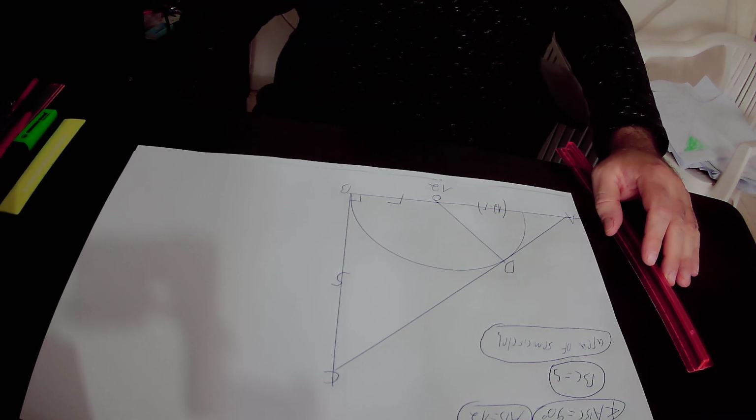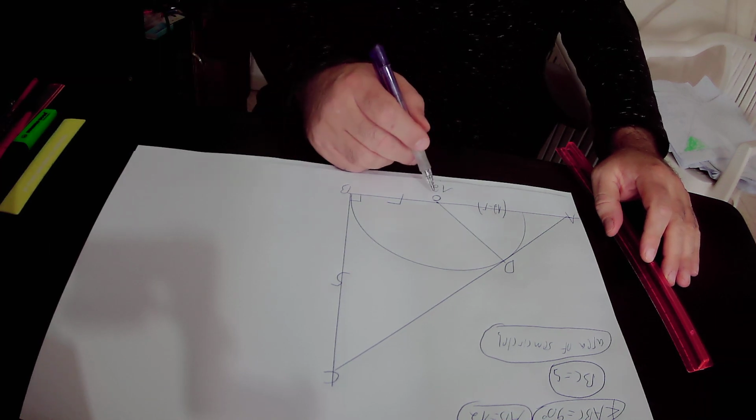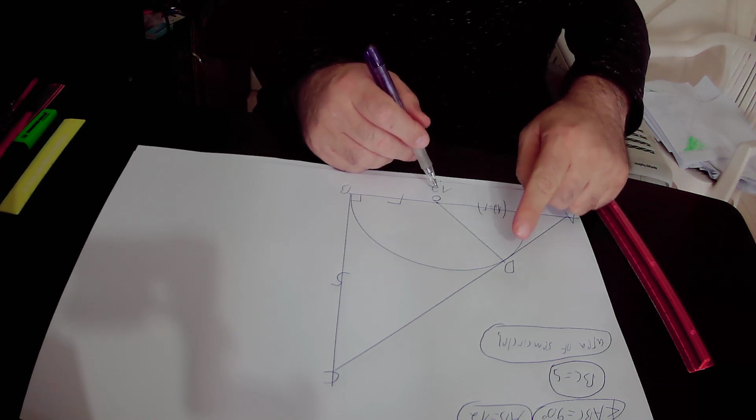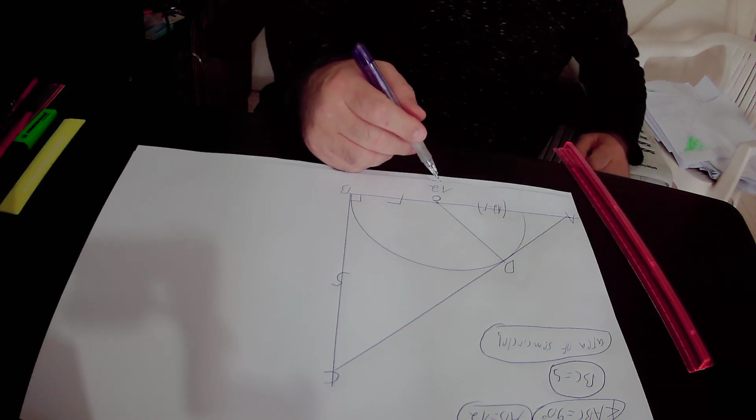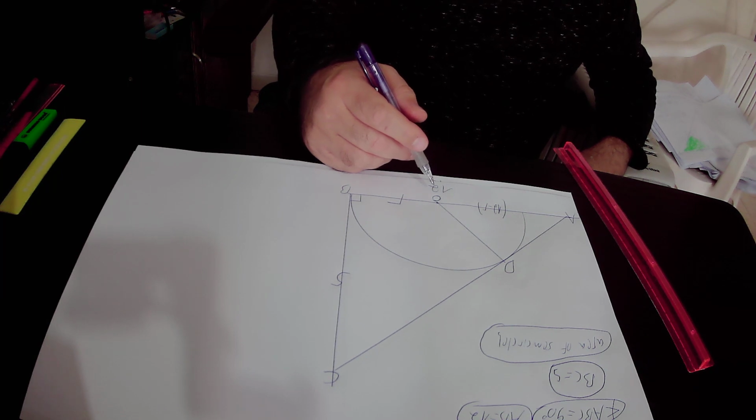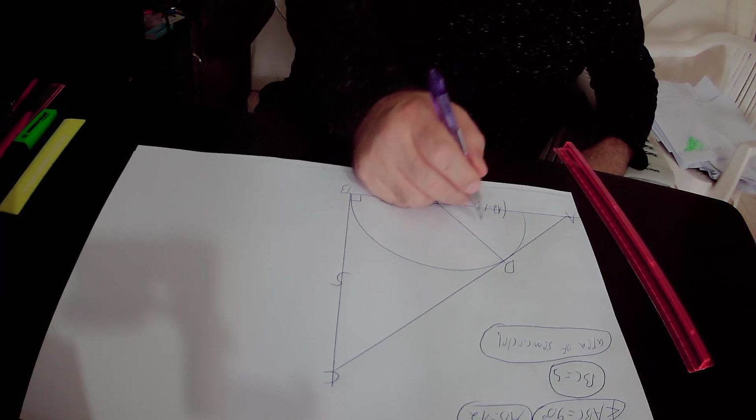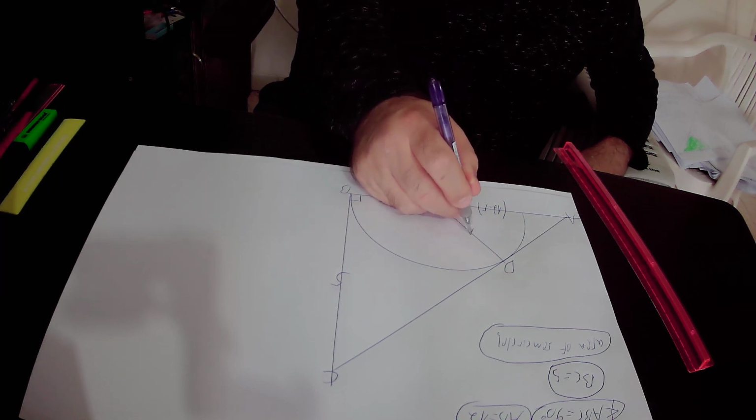Actually, DO is the radius of the semicircle because it starts from the center of the semicircle, point O, and ends at point D, which is a point on the semicircle itself. Therefore, DO is the radius of the semicircle, that is to say it equals R.